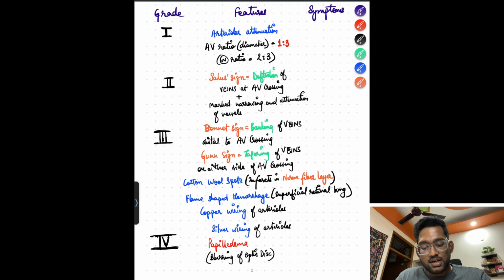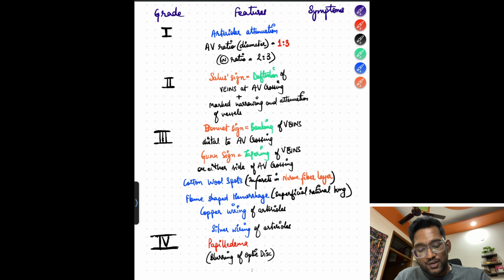Silver wiring, which occurs as part of grade 4 of the Wagner classification, is an opaque white reflex which is seen in the fundus of the patient when we are examining them. Just like copper wiring, which is seen as a reddish brown, silver wiring is an opaque white reflex which is seen when the light is reflected from the retinal arterioles.